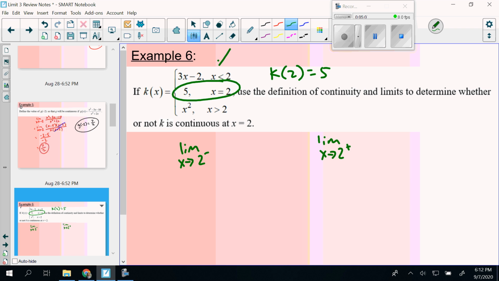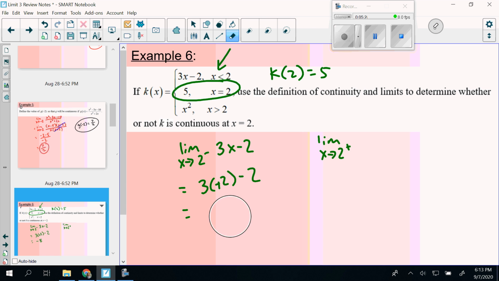From the left, we'd want to use the one where x is less than 2, so this would turn into 3x minus 2, which, substituting in, oh, sorry, positive 2, and so this should be 6 minus 2, 4.